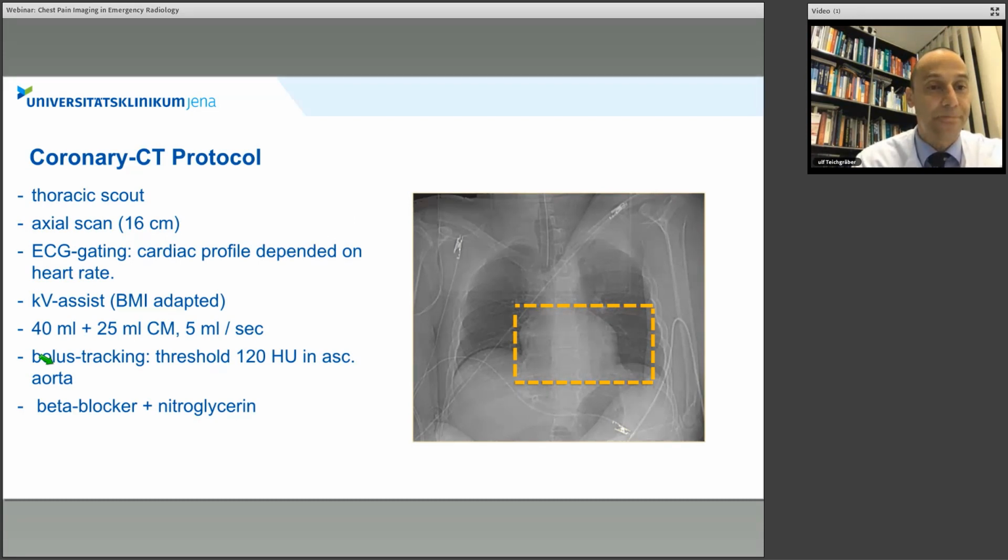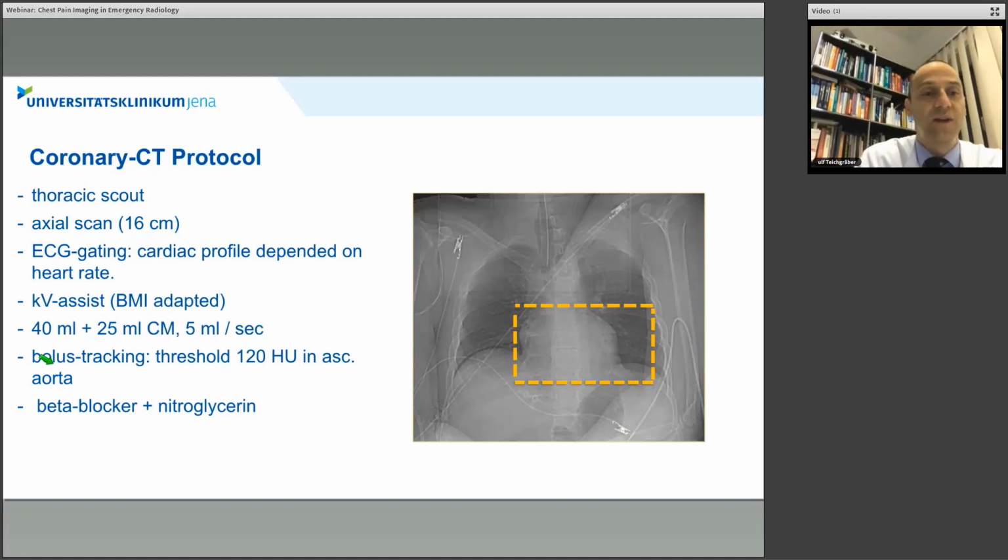So as you can see here, I now show you the dedicated coronary CT protocol, and the main difference is that we limit our scan to the area of the heart. Of course, it's a gated program, the same way as we did the dual rule-out with kV assist. We use kV assist, but the difference is that we use less contrast media.